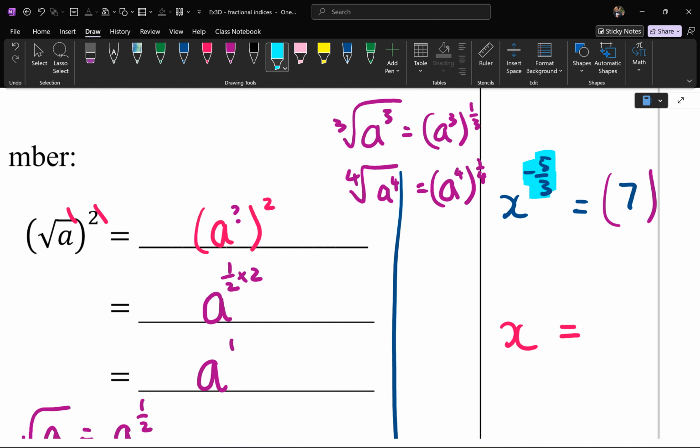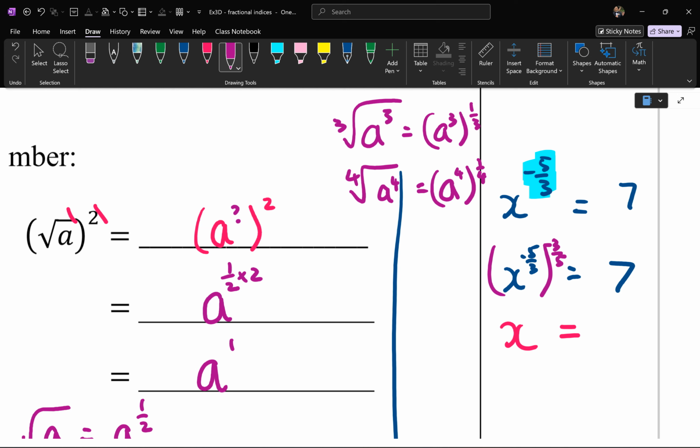So then what would I have to do to both sides to make sure they both cancel out? Well, the logic is, if it's negative 5 on 3, if I just said on the left-hand side, I say to the power of negative 3 on 5, then by multiplying those two together using rule number 3, the 3 and the 3 will cancel out, 5 and the 5 will cancel out, and double negatives will be positive, ends up being 1.